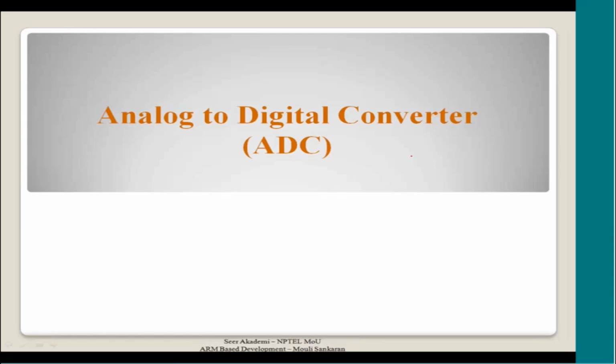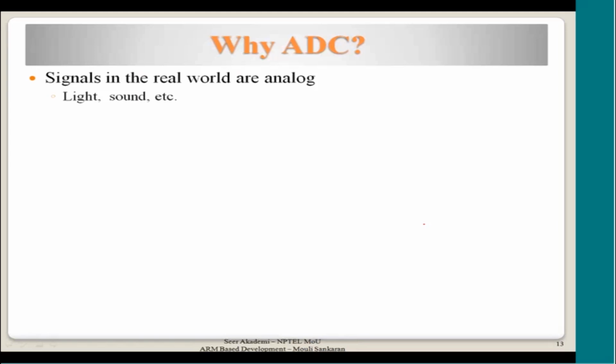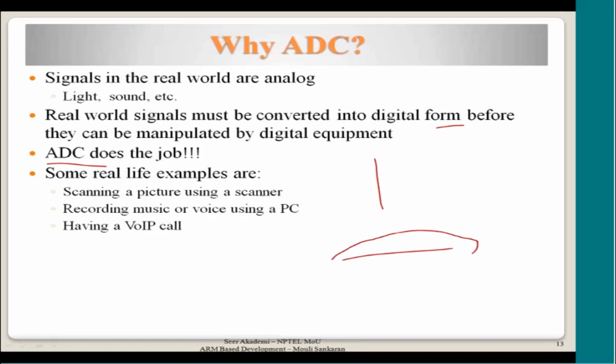So what are the examples? Scanning a picture using a scanner, recording music or voice using a PC. Even the lecture that you are hearing now is done by an ADC. Whatever I speak is getting converted into digital information and then saved. Whatever you see, even whatever I draw here, is getting converted into digital form and then saved to be reproduced later.